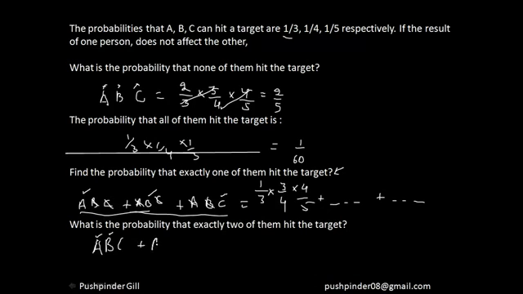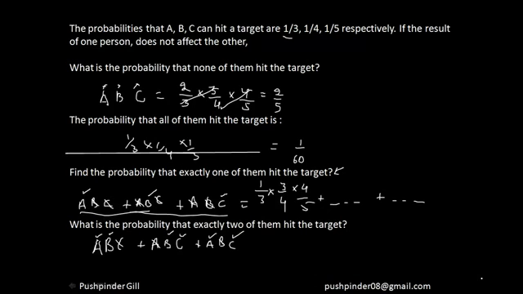Similarly, A does not hit the target and B hits and C hits. Similarly, A hits, B does not, and C hits. Calculate that, you have your answer, right? So I hope everyone understood what I did here. I just found the number of cases and I just added them, right? So this is how you can do this question, right?